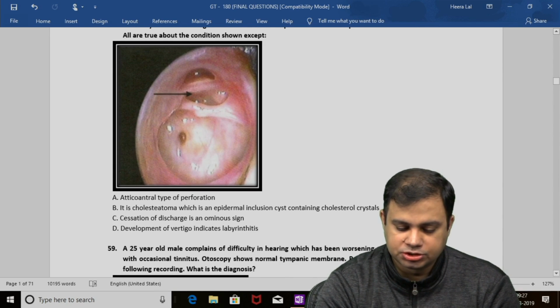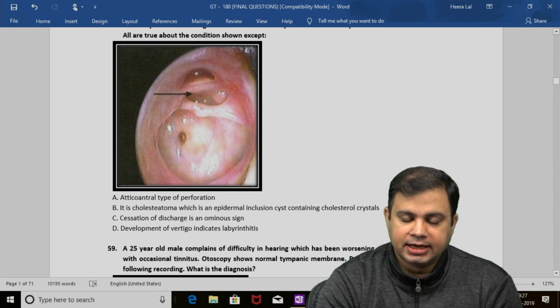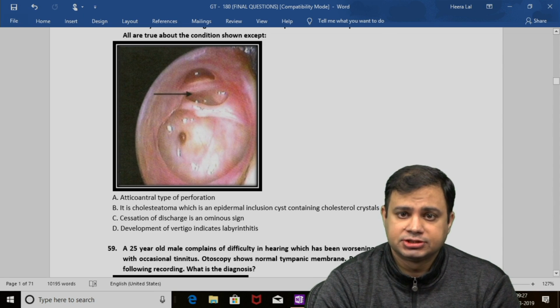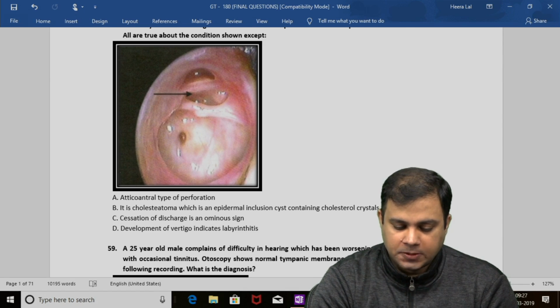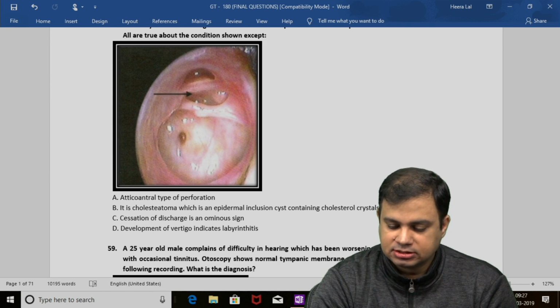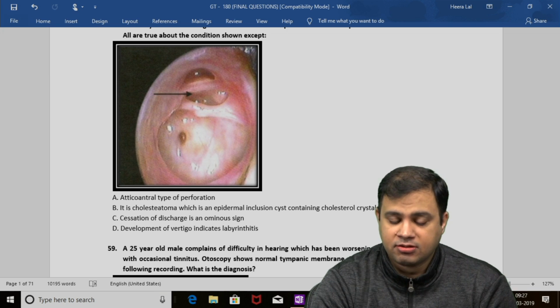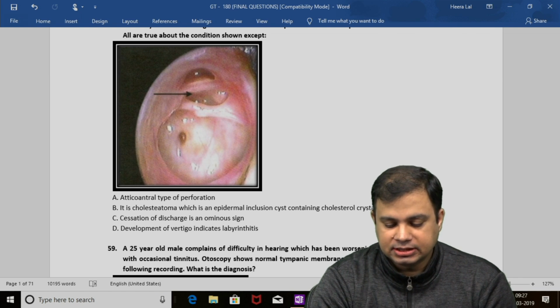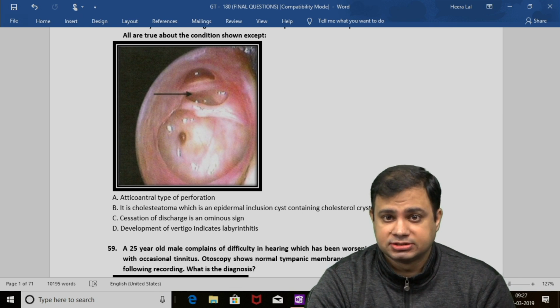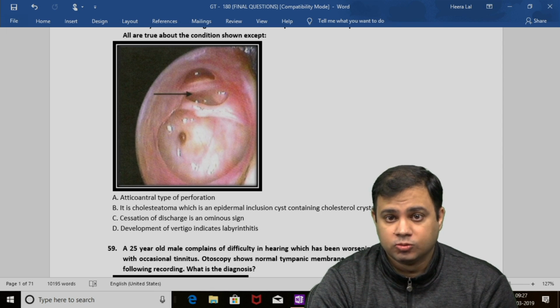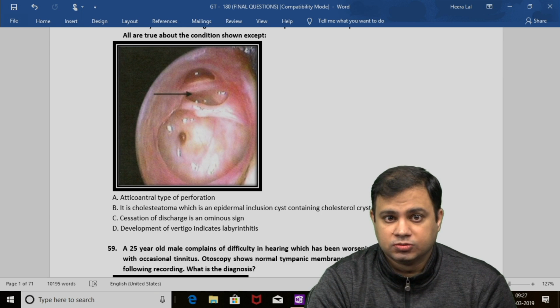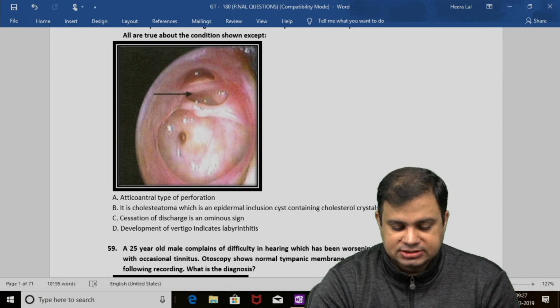So coming to option A, it is the attico-antral type of perforation. This is correct. Option B, it is a cholesteatoma, which is epidermal inclusion cyst containing cholesterol crystals. Now here I want to say that it does not contain the cholesterol crystals. The cholesterol crystals are present in the cholesterol granuloma, not in the cholesteatoma. Option number C is also correct.